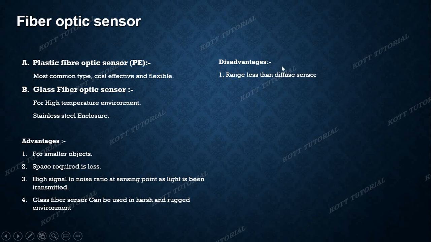Disadvantage: range is less than diffuse sensor. Their range is less than a diffuse sensor, but they can be used to detect small objects, and the harsh and contaminated environment mostly uses them. And they have precision greater than diffuse sensor. The reason is that the beam of the fiber optic sensor is small as compared to a diffuse sensor.